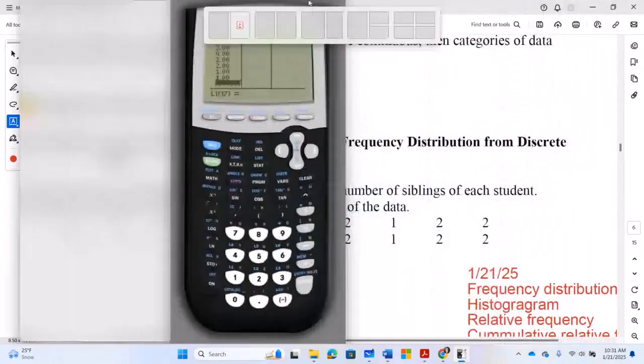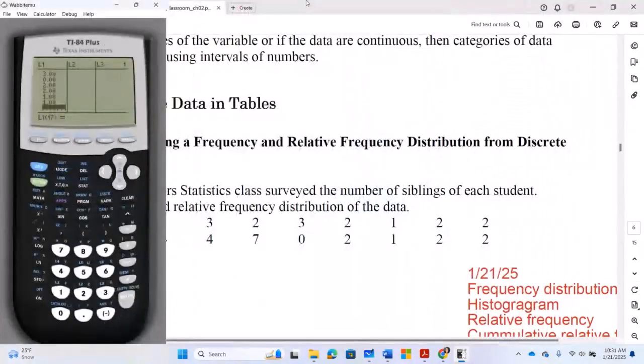Okay, let me go to the last number. The next one is 2, 2, 2, 2. I already know the total frequency is 20. So if my calculator is asking me for the next number, then I know there are 20 of them, so we have the right number.